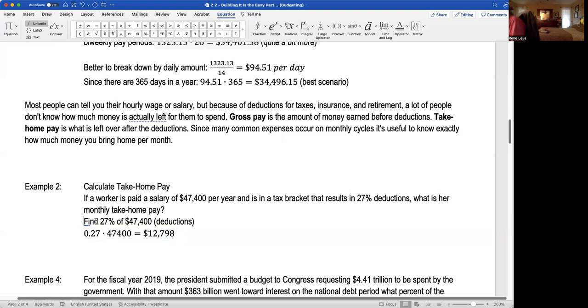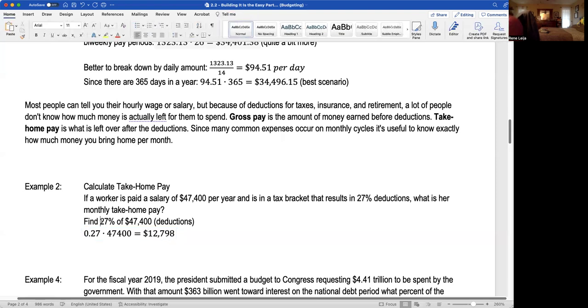Okay, so we're going to find the deduction. So our deductions is going to be this.